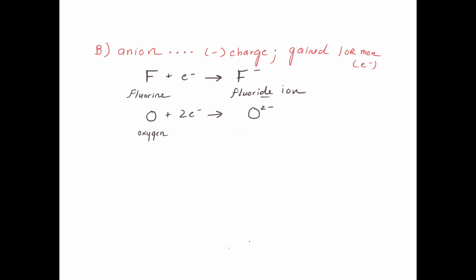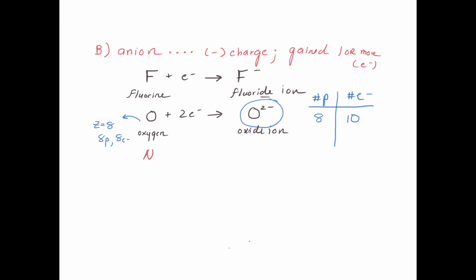Okay, so these are examples of our negatively charged anion species, and we want to predict the number of protons and electrons within our anions. So we're going to start with oxygen. Atomic number 8 has 8 protons and 8 electrons in the neutral atom, and it gains 2, so oxygen's going to have 10 electrons.